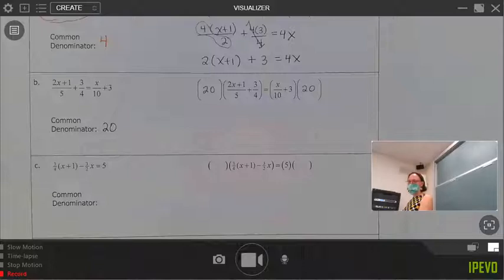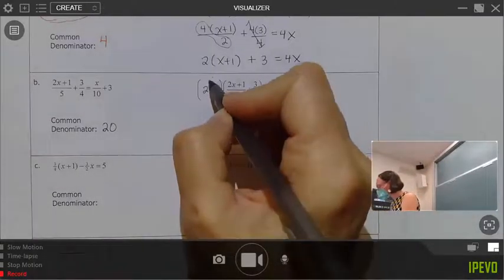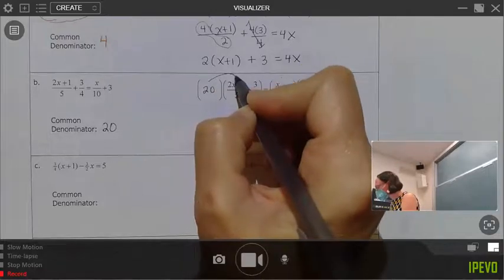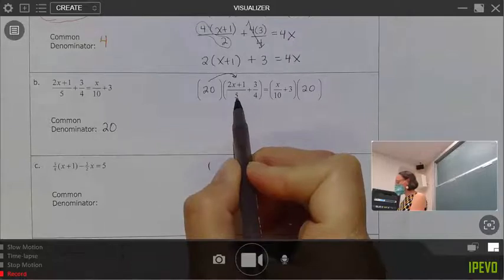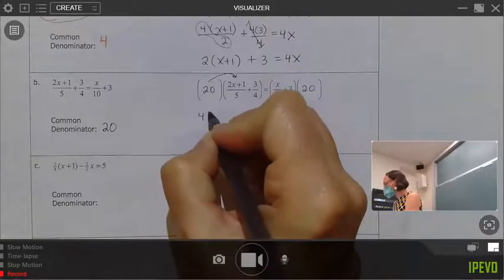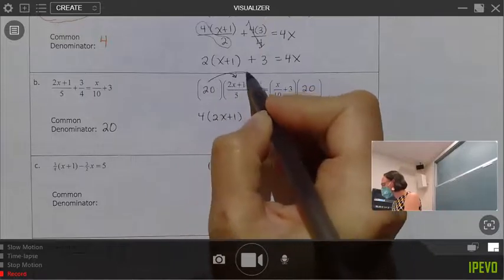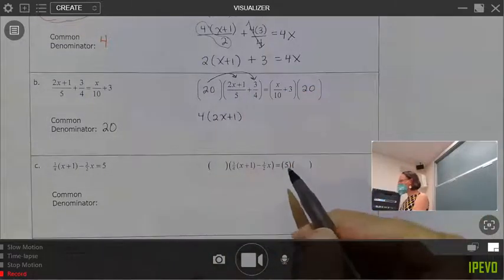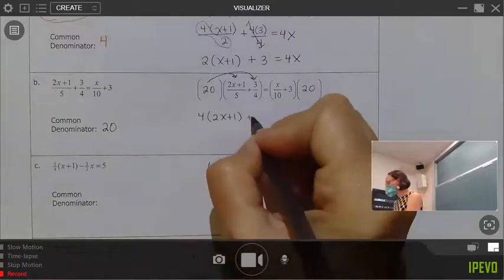I'm going to run through this one a little bit faster this time. So when I take the 20 and I distribute it into this first piece, 20 divided by 5 is going to leave me with 4. So I'm just going to write this as 4 times 2x plus 1. When I distribute the 20 into the second piece, 20 divided by 4 is going to leave me with 5.